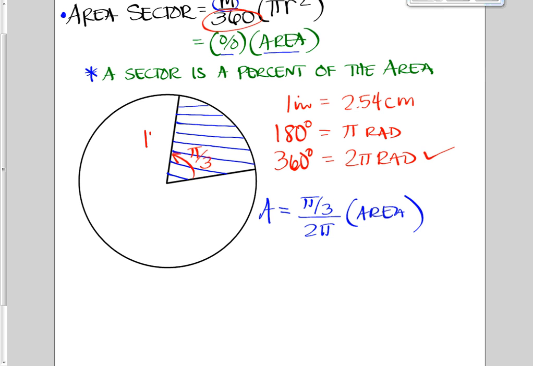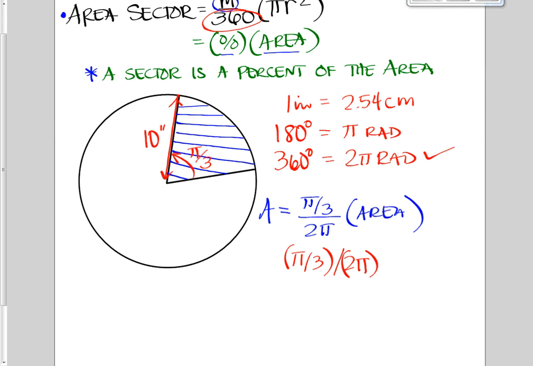If I put 10 inches on here again for this distance, the area of the circle is not even going to change from the last example. But in your calculator, you're going to have a slightly different calculation. You're going to put pi over 3, and divide that by 2 pi. That's how you type that in.